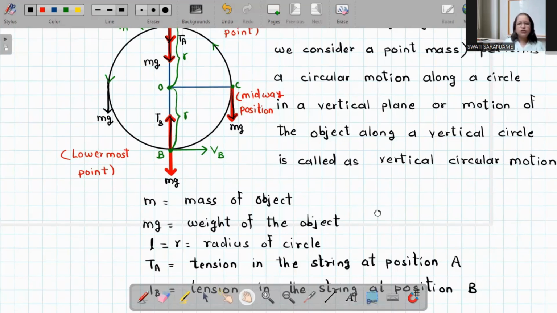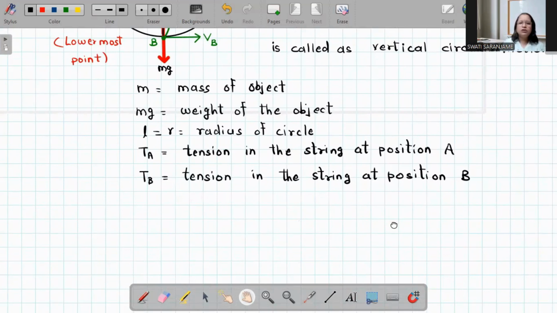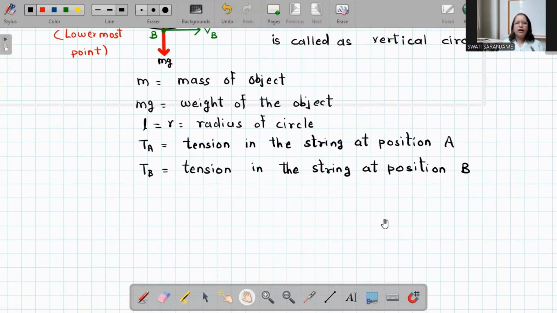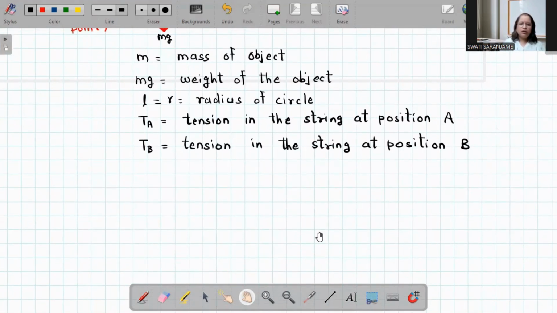Our interest in this topic is to derive the expression for the speeds of the object at three different positions: position A, the uppermost position; position B, the lowermost position; and position C, the midway position. We want to find out the speeds of the object performing vertical circular motion at these three positions. So let's start finding that out.